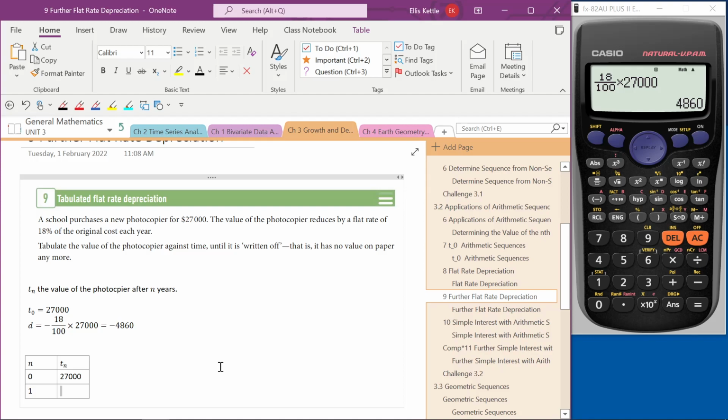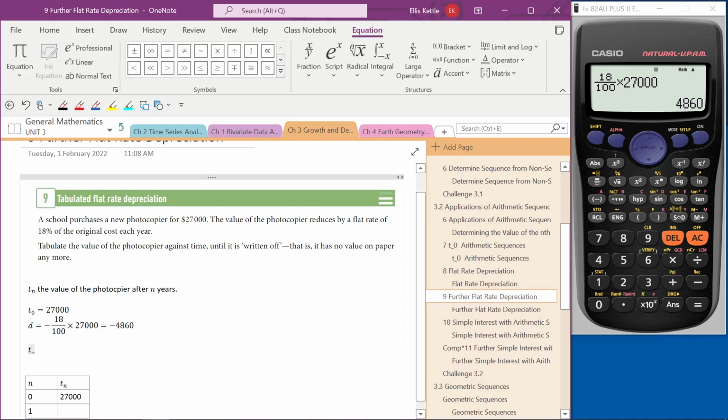So we're going to be using the recursive rule instead. In the recursive rule, if you remember, Tn+1, the next term, is equal to the previous term plus d. But in this case, we know what d is. It's just minus 4,860. And we know that T0, the starting condition, is $27,000.